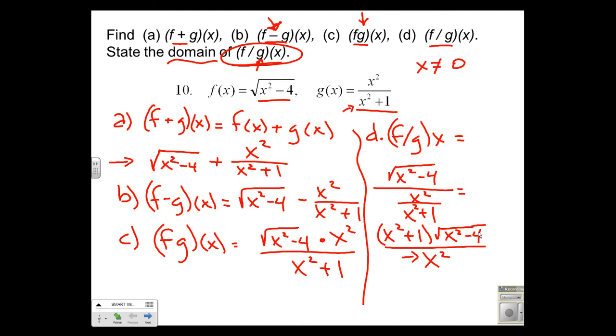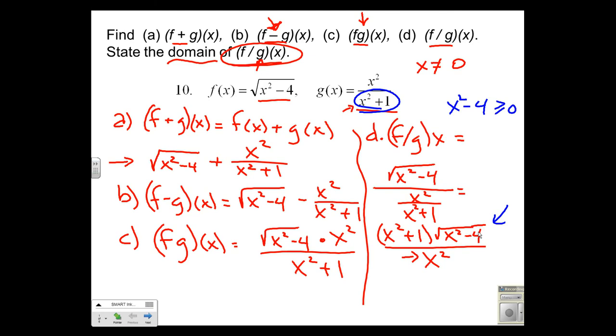What else might give us some problems in this guy? I do note there's nothing that's going to make x squared plus 1 be 0 except for imaginary numbers. But I do know that x squared minus 4 better be greater than or equal to 0.